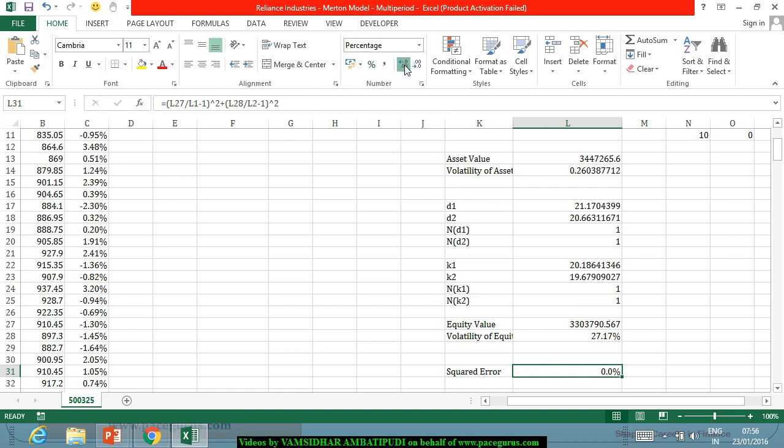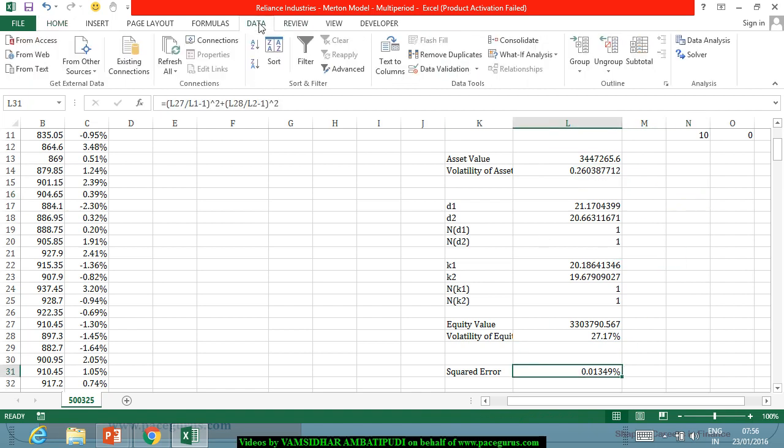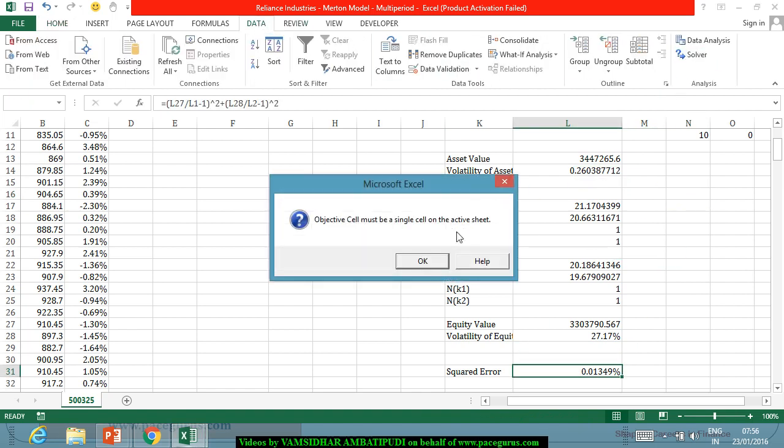So this is the squared error at this moment. I want to minimize it to 0. That is what we are giving as our input to the solver. So let's try minimizing this by changing these two. This was the initial part. So we'll go with the solver again this time.